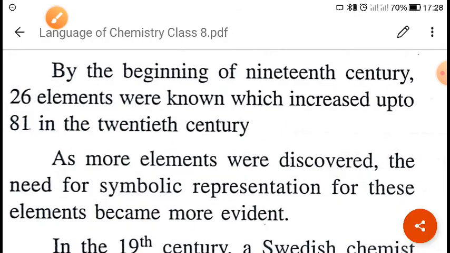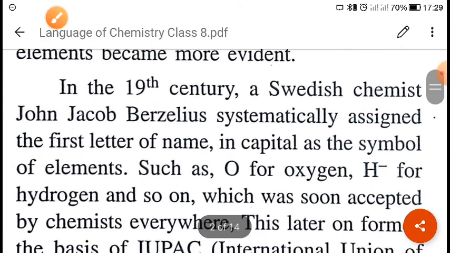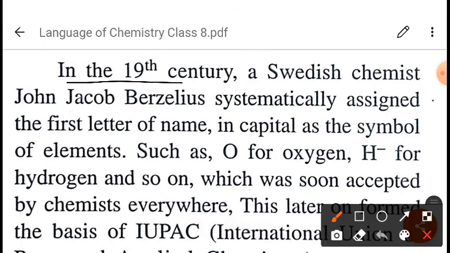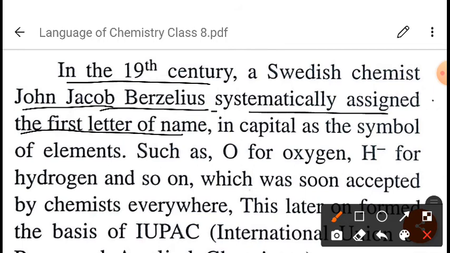Okay, so what happened? The first step was taken by a Swedish scientist in the 19th century named Jons Jacob Berzelius. He was the first scientist who systematically assigned the first letter, in capital, as the symbol of the element. He said that whatever the first letter of the element name is will be the symbol of that element.